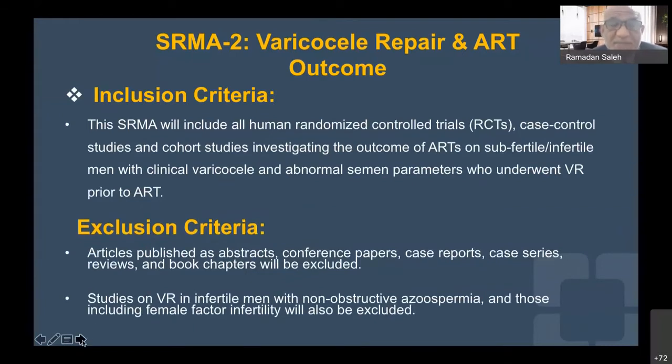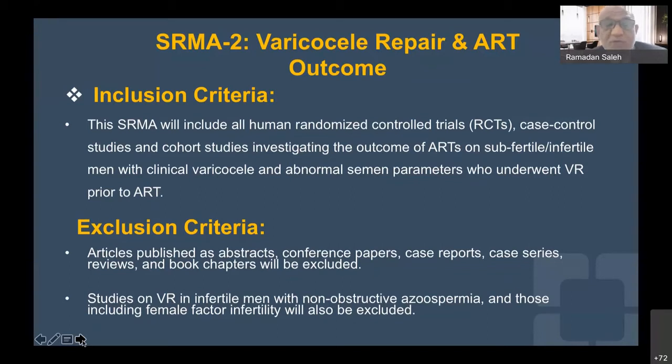In this meta-analysis, we will include all human randomized controlled trials, case control studies, and cohort studies that are investigating the outcome of assisted reproduction in infertile men with clinical varicocele and abnormal semen parameters who undergo varicocele repair prior to ART. We will exclude abstracts, conference papers, case reports, case series, reviews, and book chapters.